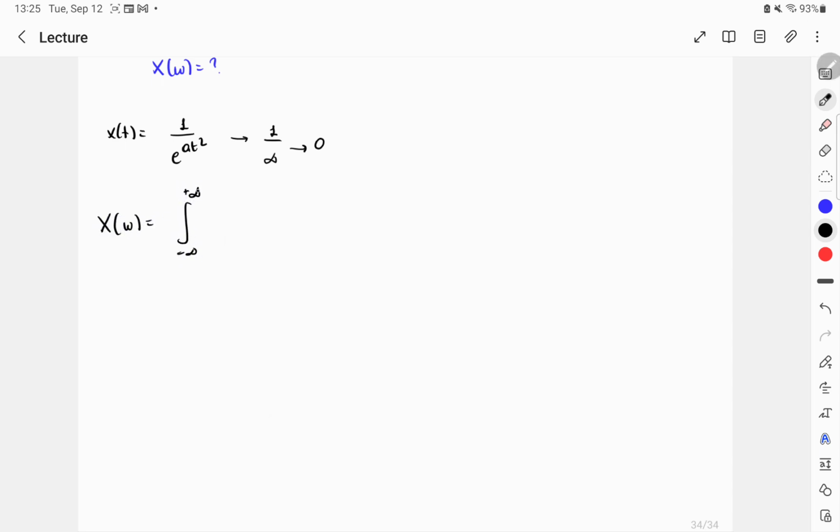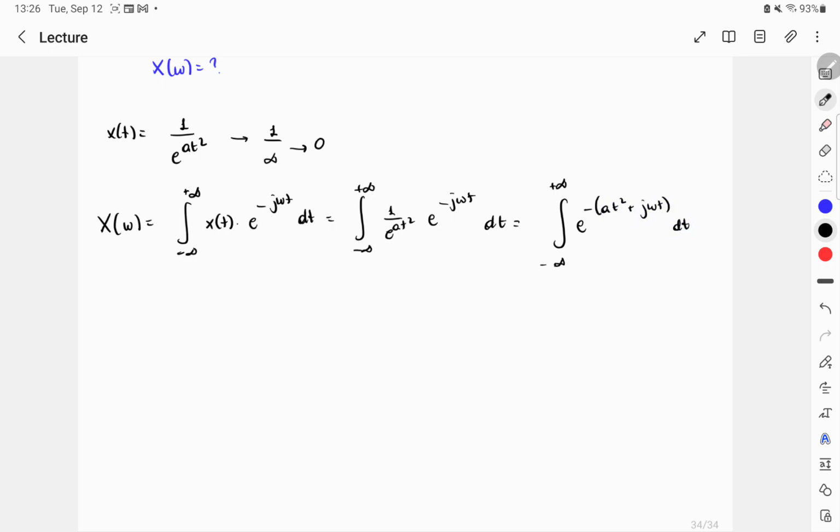This was the formula that we used to calculate the Fourier transforms. Here we write this, and let me write our signal's function. And now let me put it in parentheses like this.